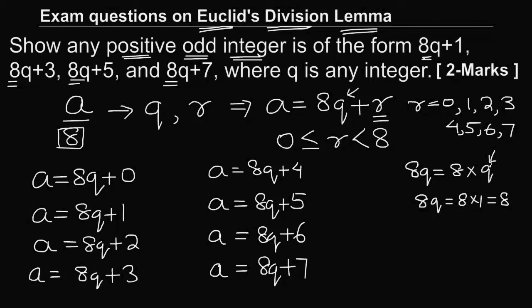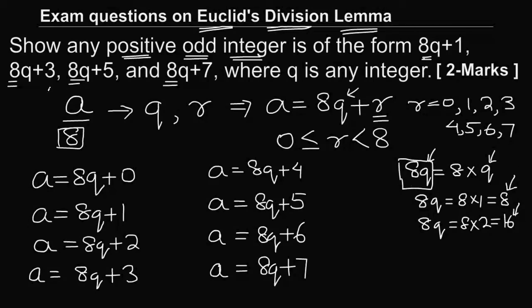That means if q is odd, 8q is even. What happens if q is an even number, say 2? Then 8q is 8 times 2, which is 16. In other words, regardless of whether q is even or odd, 8q is always going to be an even number.